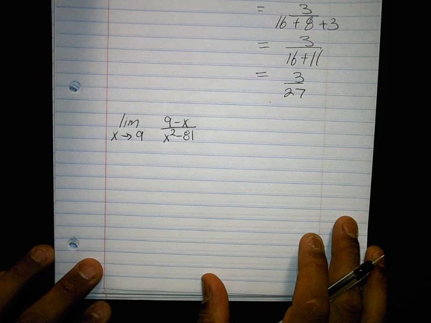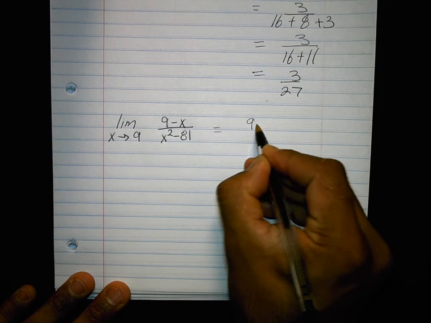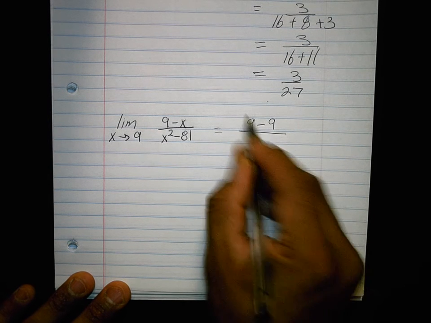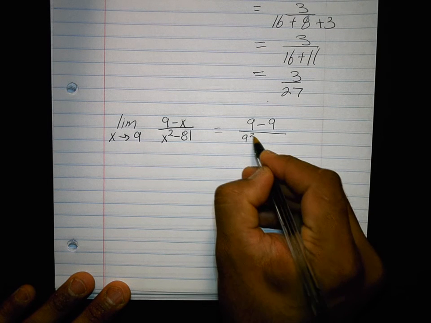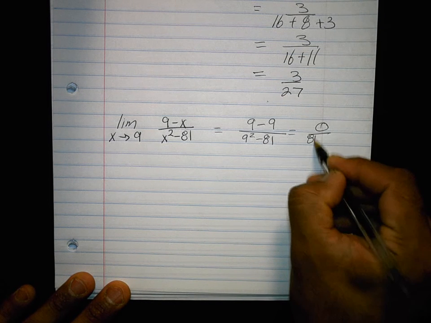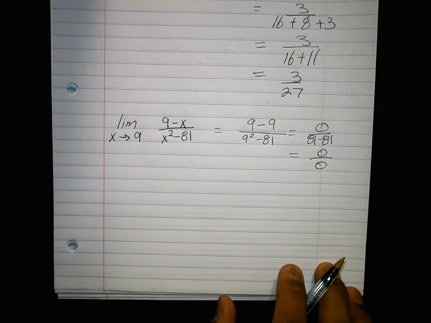So if I go ahead and try my direct substitution, right, just like we learned how to do, it would be 9 minus 9 all over 9 squared minus 81, and then I get 0 over 81 minus 81, and then I get 0 over 0. So this is kind of weird.